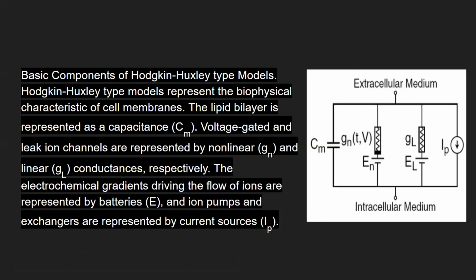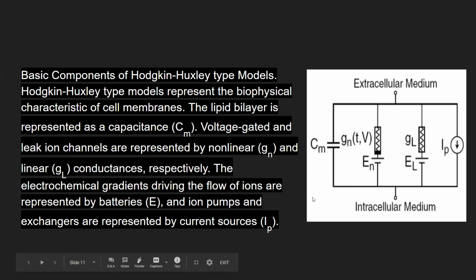So, the basic components of Hodgkin-Huxley type models. Hodgkin-Huxley type models represent the biophysical characteristics of cell membranes. The lipid bilayer is represented as a capacitance Cm, and voltage-gated and leak ion channels are represented by nonlinear Gn and linear Gl conductances, respectively.